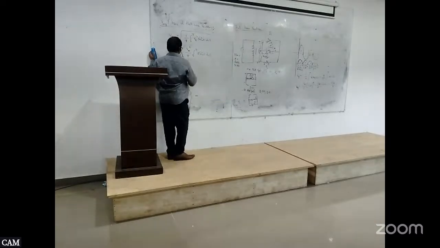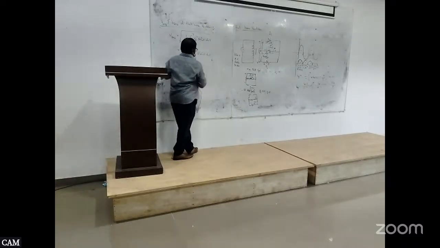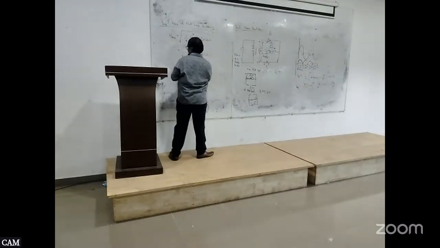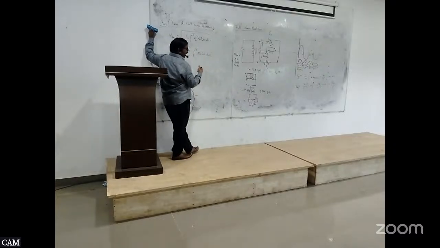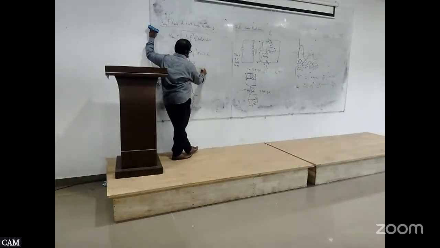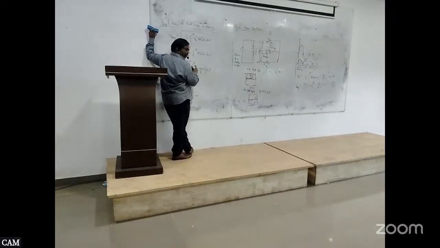Here I am writing sin square omega t in terms of 1 minus cos 2 theta by 2. So Vm square by pi, integral 0 to pi, 1 minus cos 2 omega t by 2 d omega t. The 2 is a constant, so I am bringing it out of the integral.